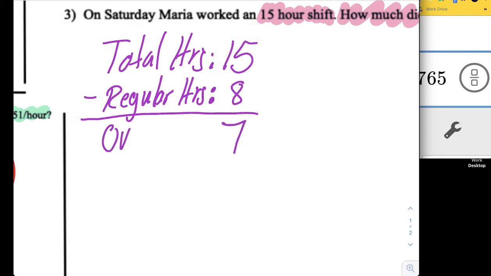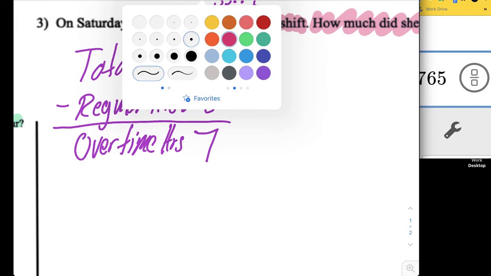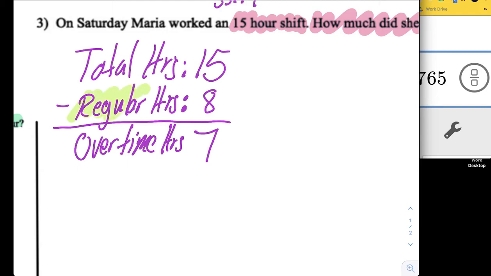This is overtime hours right here. Let me change the color here again, to this light green. So 8 regular hours and 7 overtime hours.